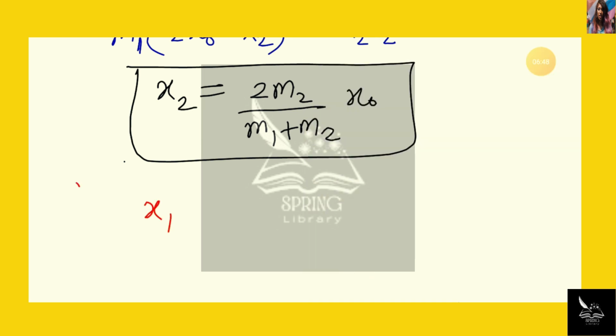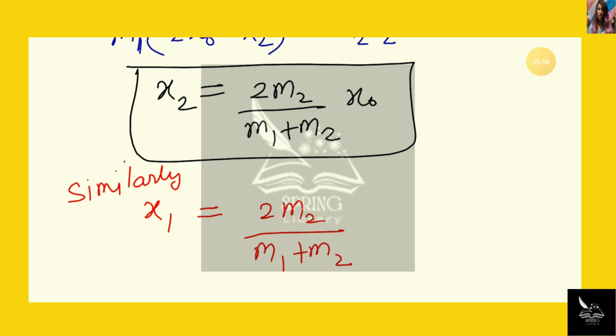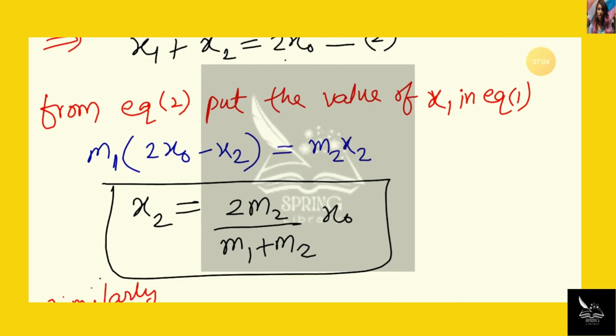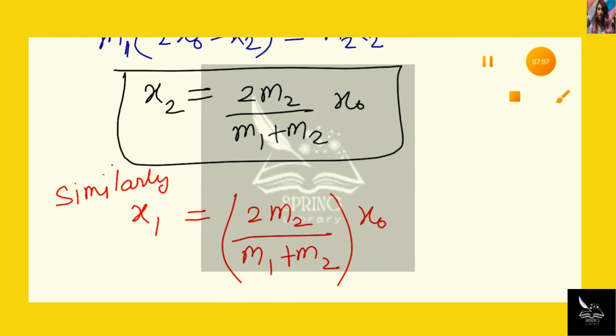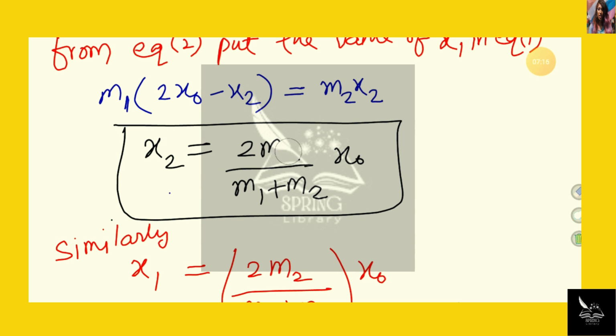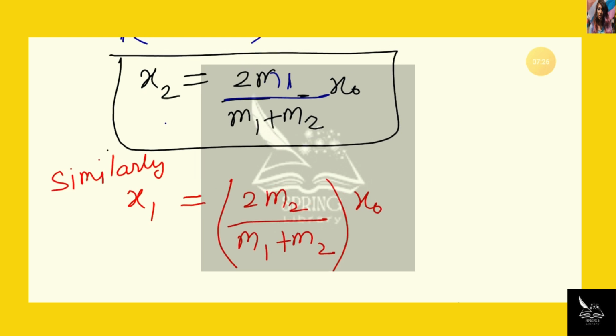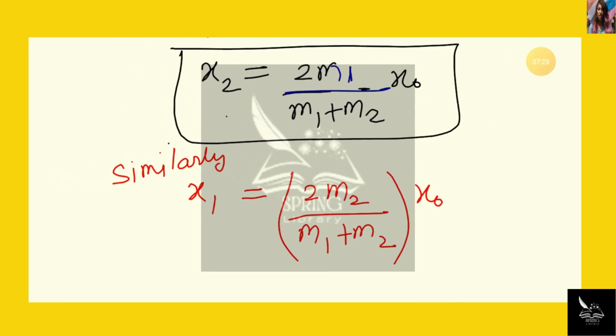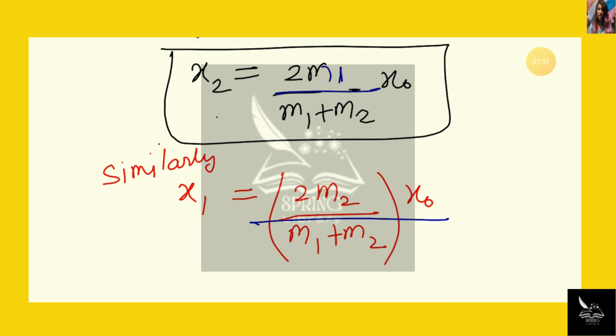Sorry, after solving I get x2 is equal to 2 times m1 x naught over m1 plus m2, and x1 will be written as 2 times m2 x naught divided by m1 plus m2.